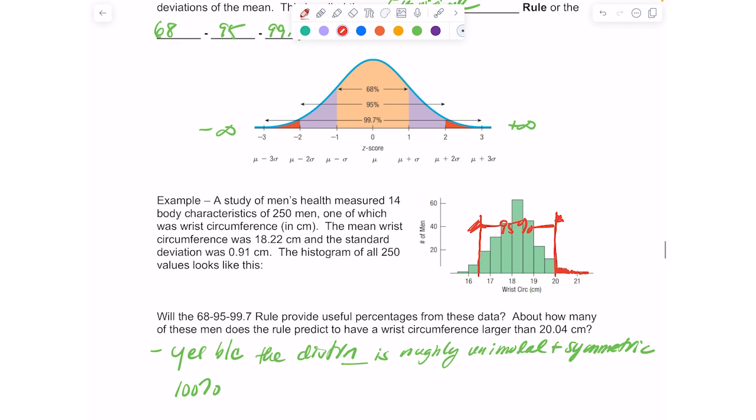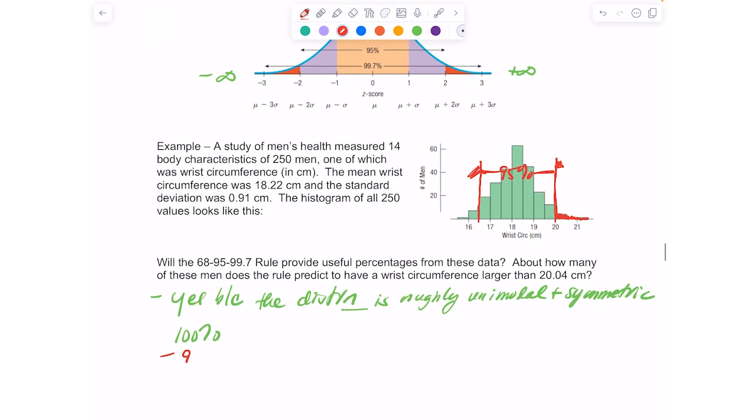So how does that help me? If I take 100%, which is the whole curve, and subtract out 95%, it leaves me with 5%. Well, what does that 5% represent? It represents there and there. The curve, remember, is symmetric. So it's the same area on this side as it is on the right side.